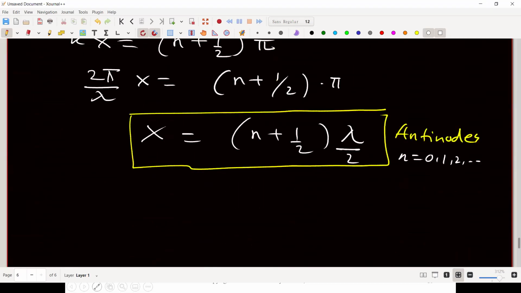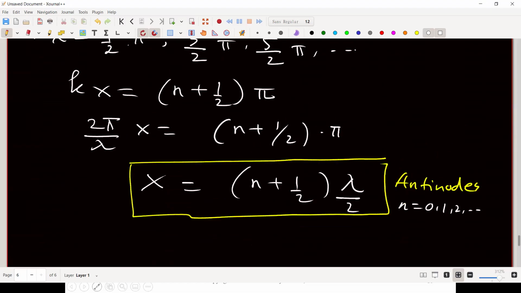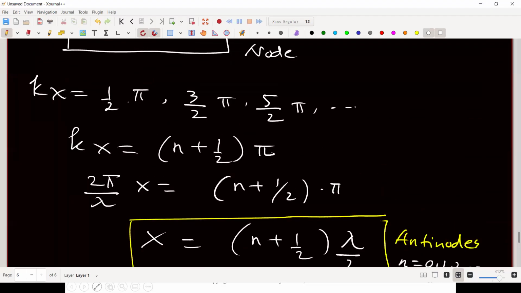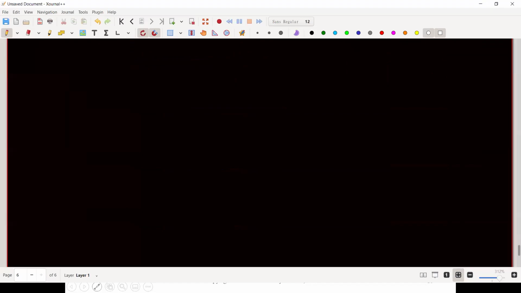Okay, and then for the standing waves, we can find the first harmonic, the second harmonic, or the third harmonic. So for the string here, you can see standing waves.